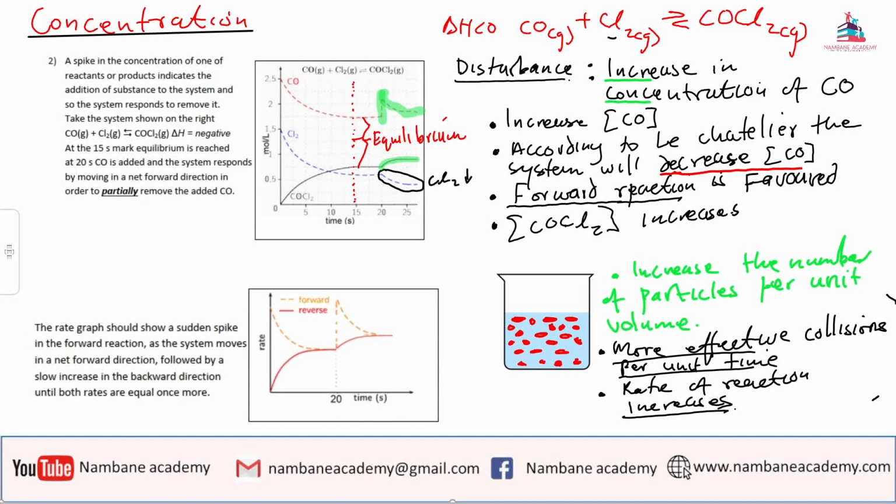Only because of what? Only because of the reaction that is now being favored. So a reaction that is favored is the one now that basically indicates or shows a greater spike in terms of the rate of reaction.